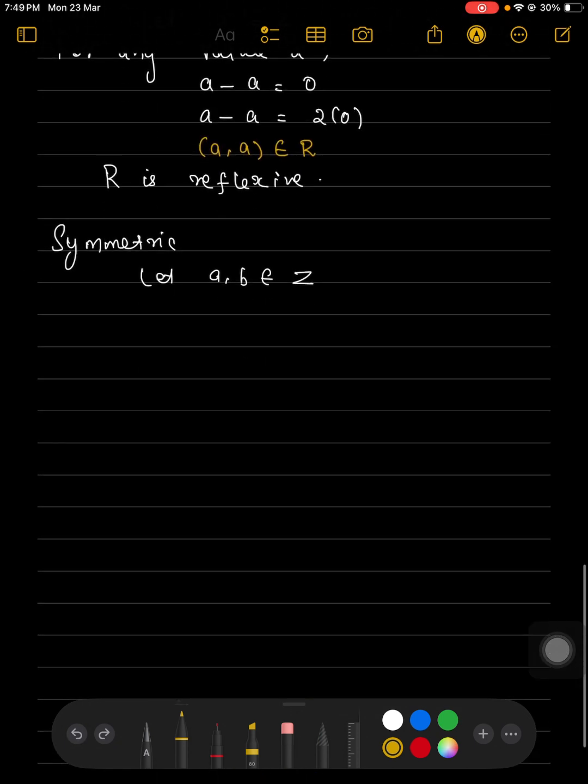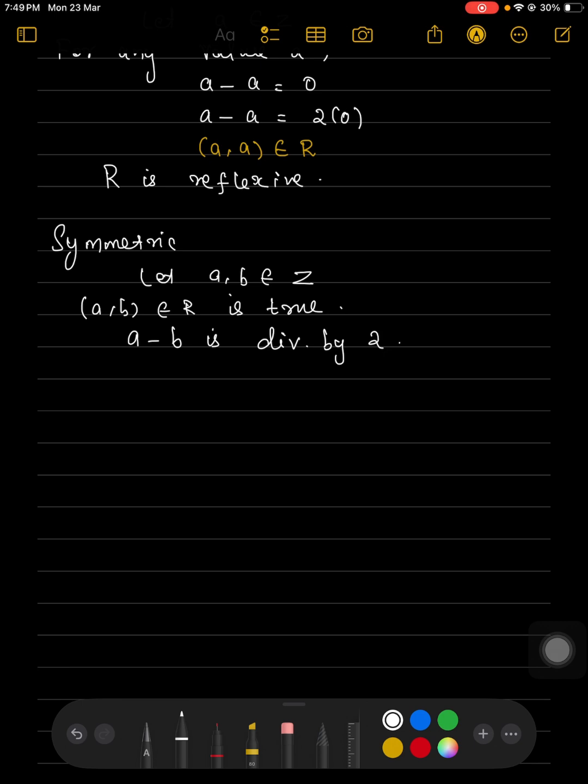Let's see. According to the relation, we assume (a, b) is in relation is true, which means it has satisfied the condition given in the relation. What is the condition? a minus b is divisible by 2.